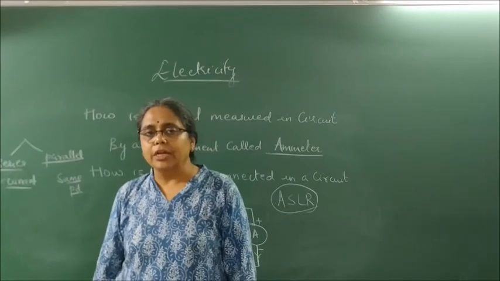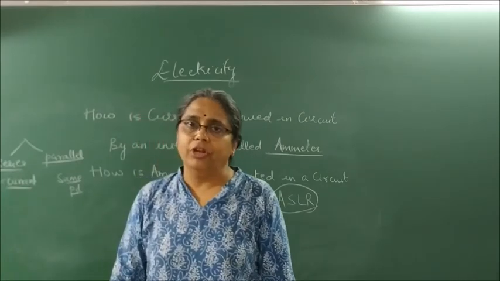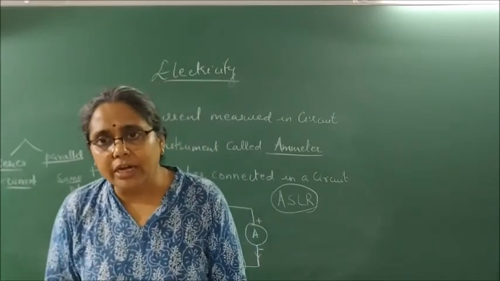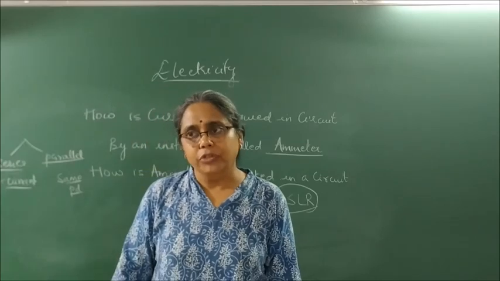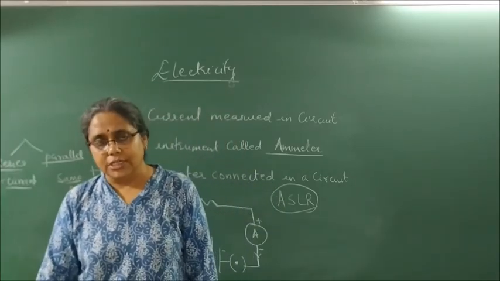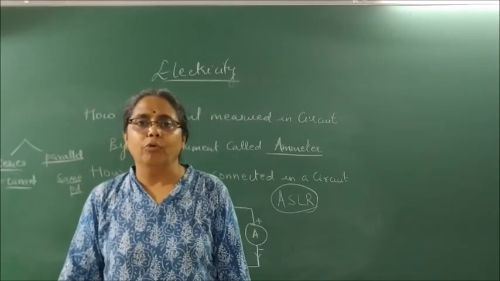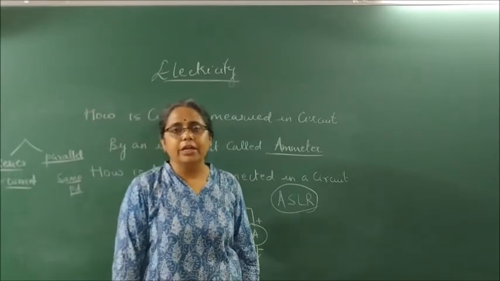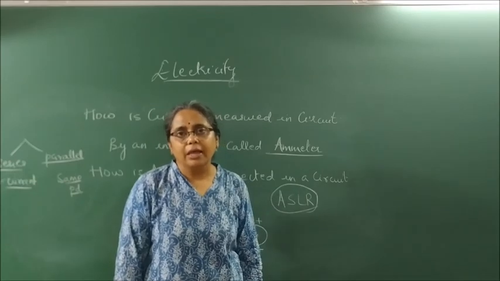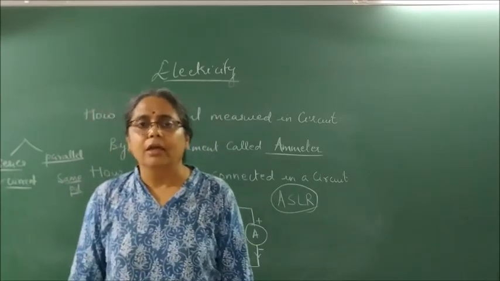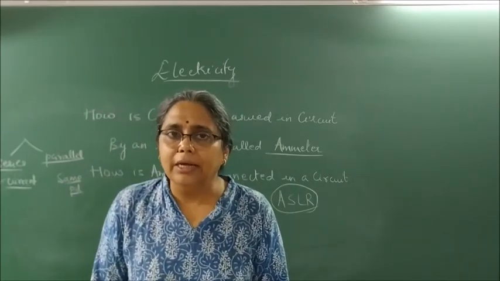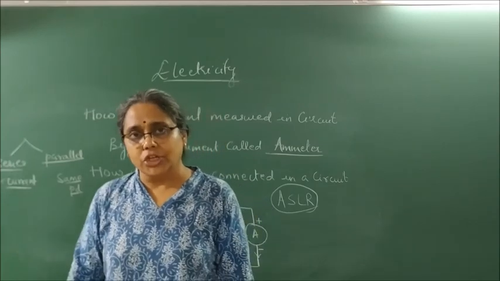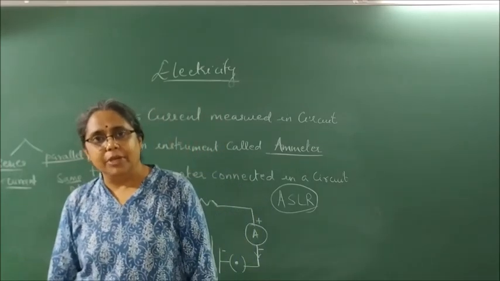We also studied the definition of electric current. Electric current is the flow of charges per unit time, or the rate of flow of charges. Electric current is denoted as I, where I is equal to Q by T. Q is the charge in coulombs and T is the time in seconds.